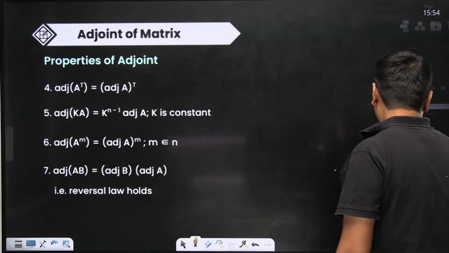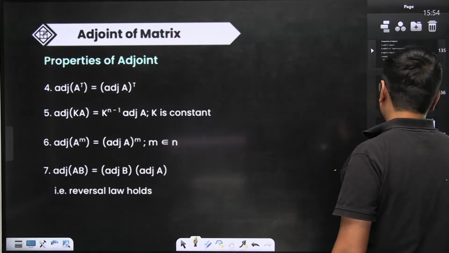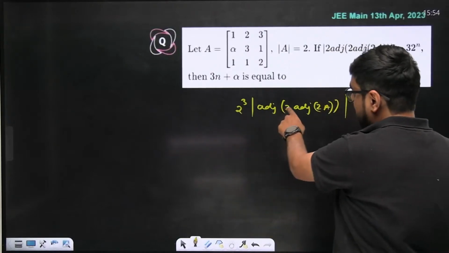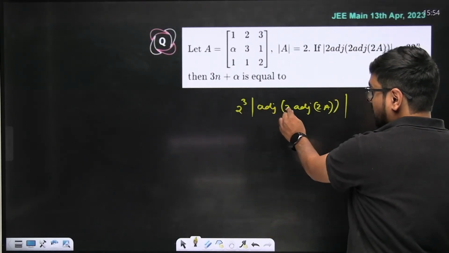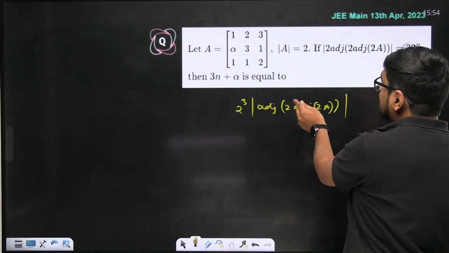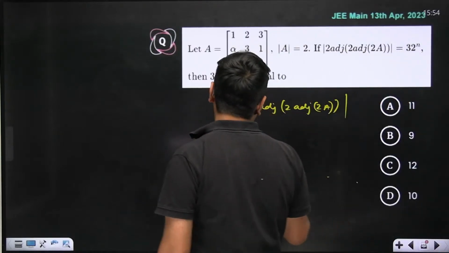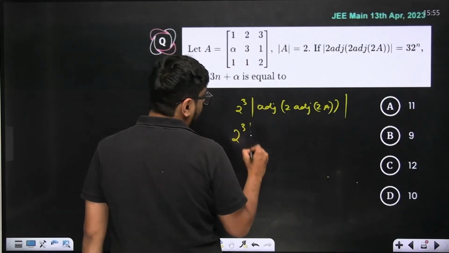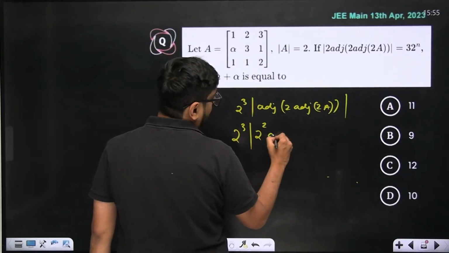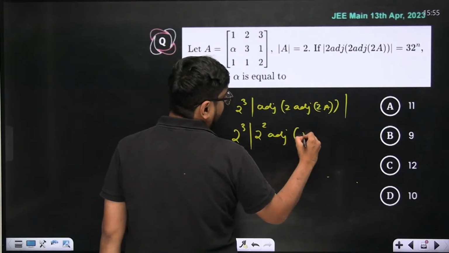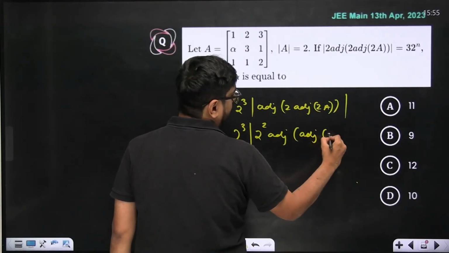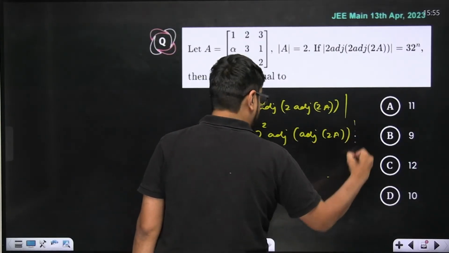So that is what I am implementing. There is a constant inside this adjoint, so 2 to the power 3 minus 1, that means 2 to the power 2 will come out. 2 cube, determinant of 2 to the power 2, adjoint of 2A. This will become, okay.